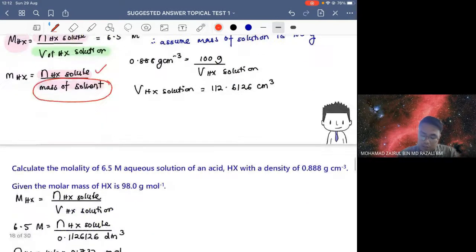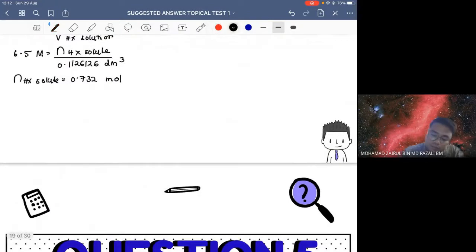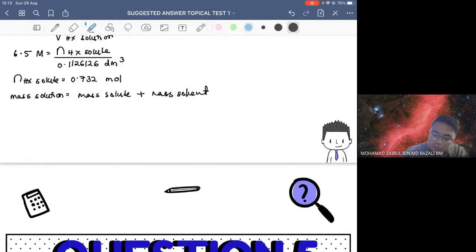So kita tahu mass solution is equal to mass solute plus mass solvent.